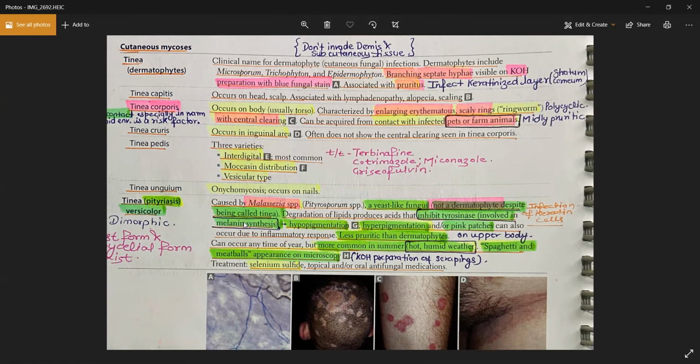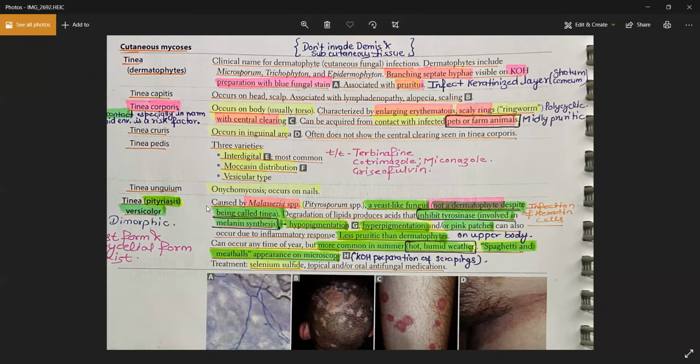Anyone? Tyrosine acted upon by tyrosinase produces melanin. No, not tyrosine, but DOPA. Okay, dihydroxyphenylalanine. The tyrosinase acts on the DOPA to convert it into the melanin.